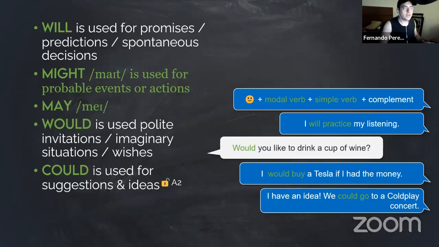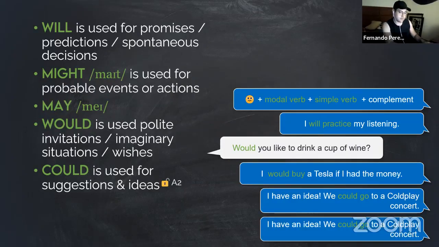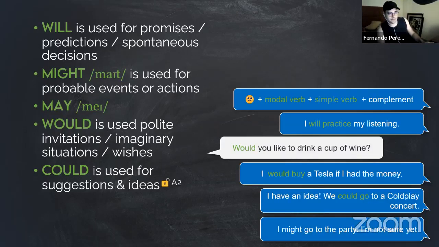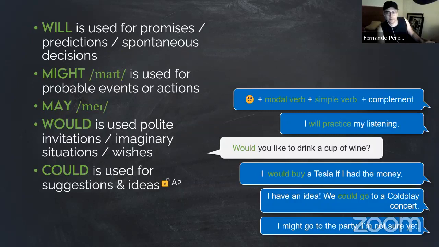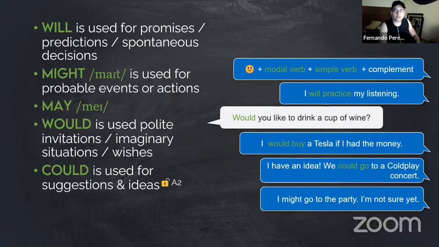For example, when you are not sure, you say might. Example, I might go to the party. I am not sure yet. I might go to the party. I'm not sure yet. It's not correct to use will, because will is a promise.